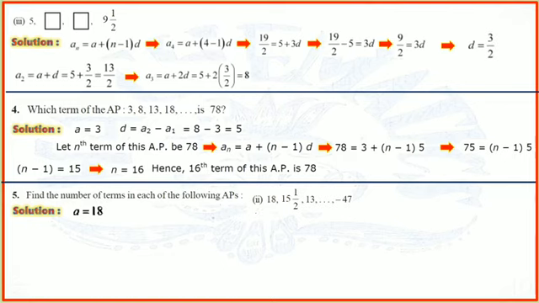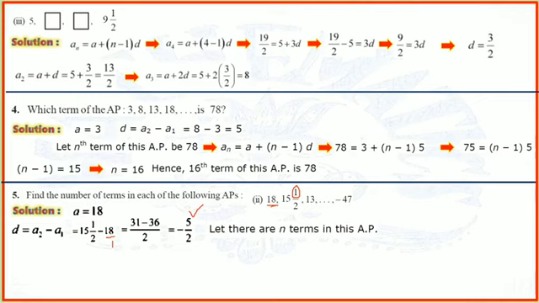A is equal to 18, d is equal to a2 minus a1, which is 15 and a half, 31 upon 2, minus 18, which is nothing but minus 5 upon 2. This is our common difference.